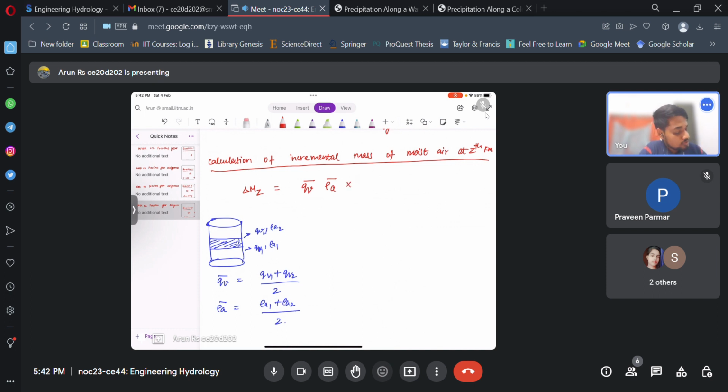So here volume is your surface area multiplied by the incremental depth which you are considering. This expression will give you the mass of moisture in the strip delta Z.